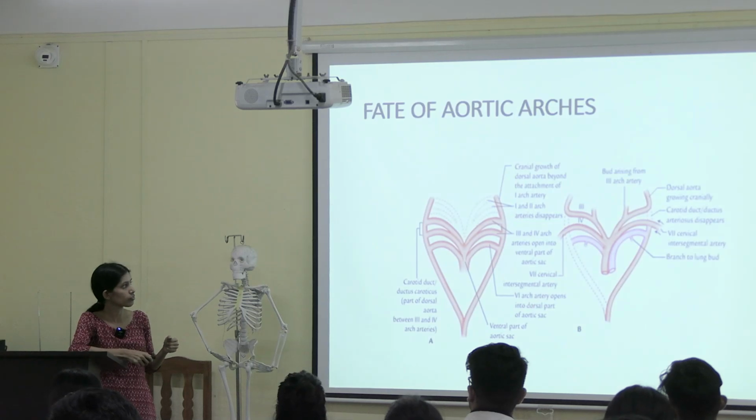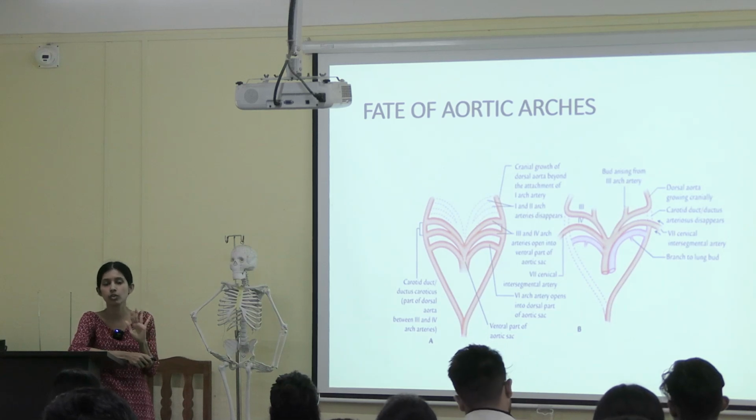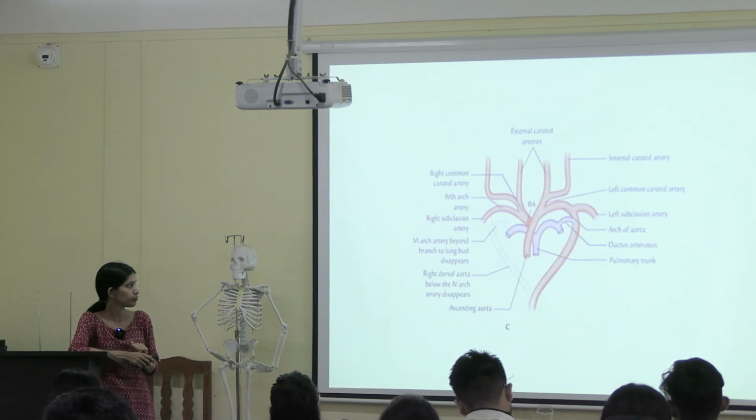To show this difference, here they have used two colors. The pink structure you are seeing means it is opening into the ventral side. This violet structure means it is opening into the dorsal aspect with respect to the aortic sac.